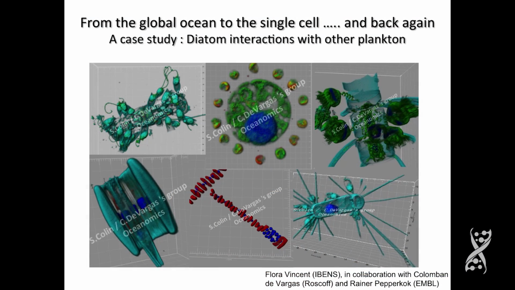These are different associations between diatoms and other organisms, which we didn't really appreciate too much before this project. So from this microscopic data, we can now go in and pull out those single cells, those interactions, and study them at a more global level.